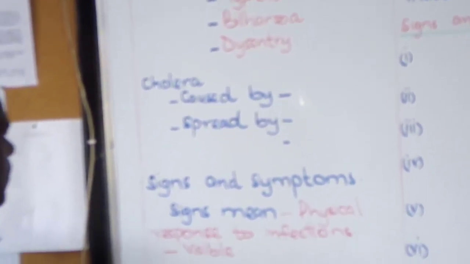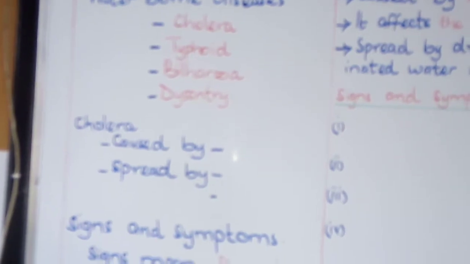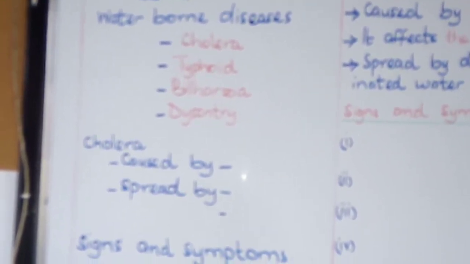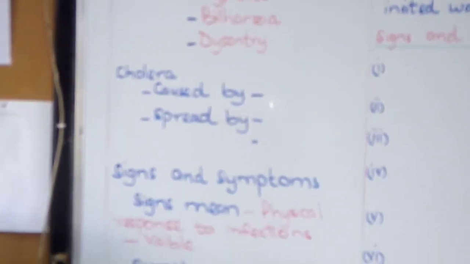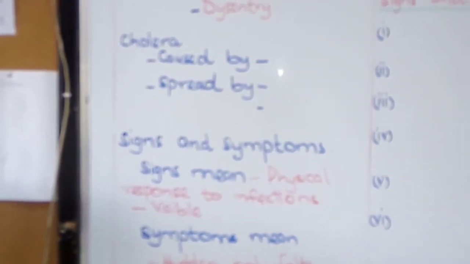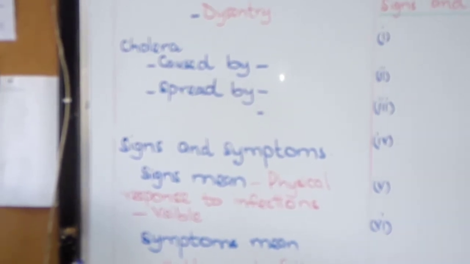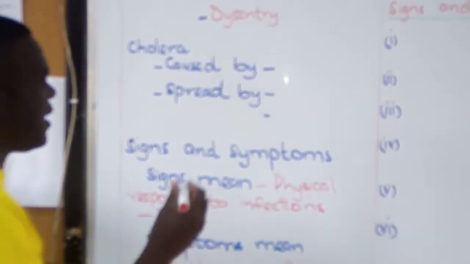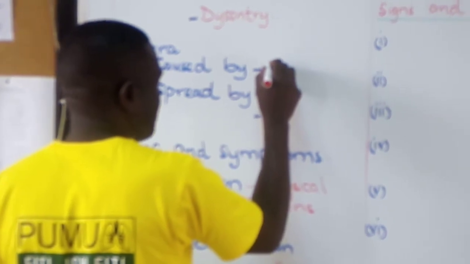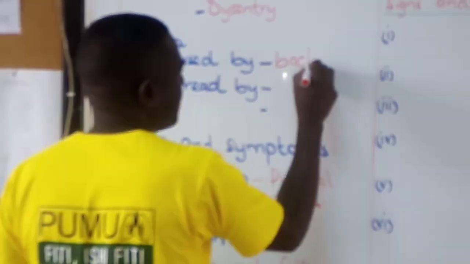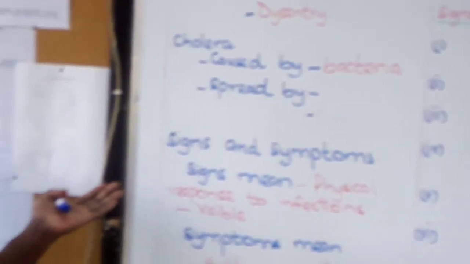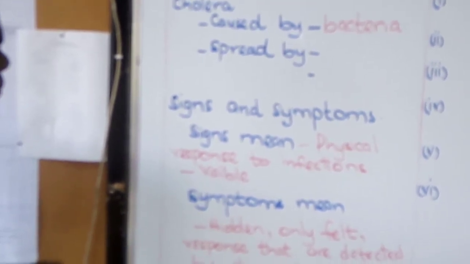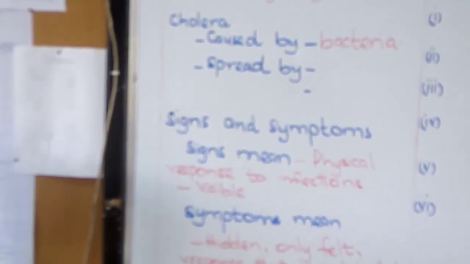That's very good. What did we say that cholera is caused by? Isaiah, Buka. Correct, a bacteria. Caused by a bacteria. Thank you. And how is it spread? Violet, tell us how it's spread.